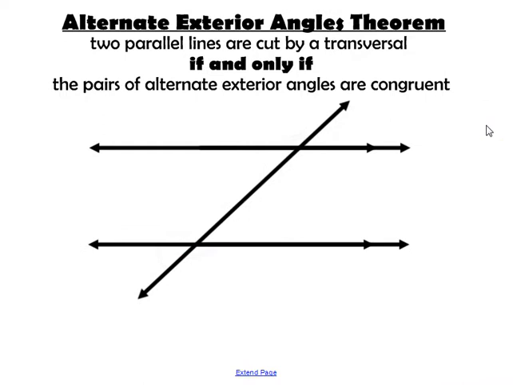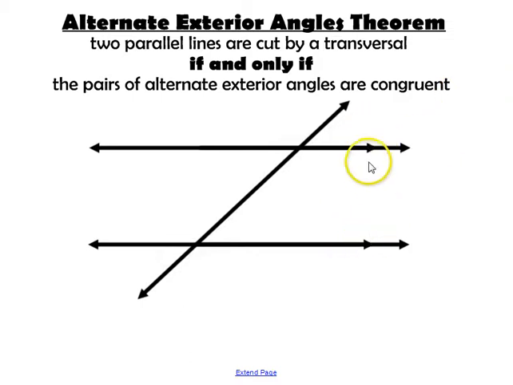Alternate exterior angles theorem. It has the same idea. We have a biconditional theorem, but we want to talk about how it changes with alternate exterior angles. So it says two parallel lines are cut by a transversal if and only if the pairs of alternate exterior angles are congruent.